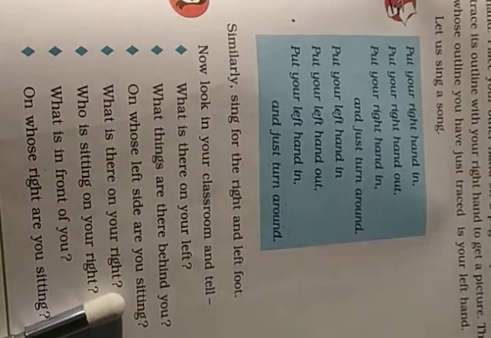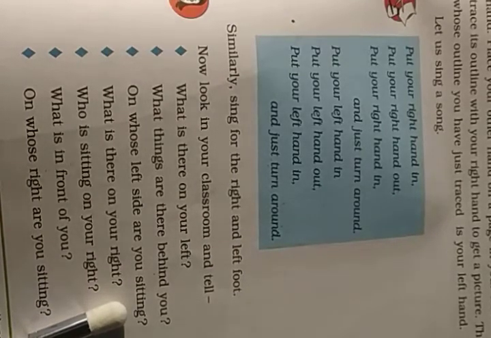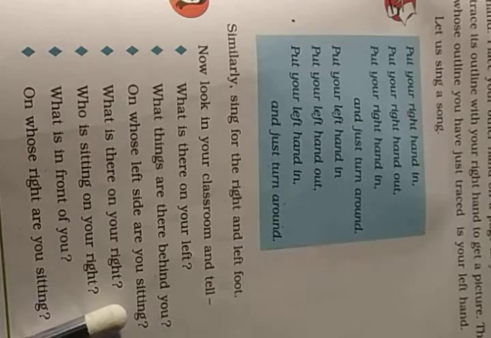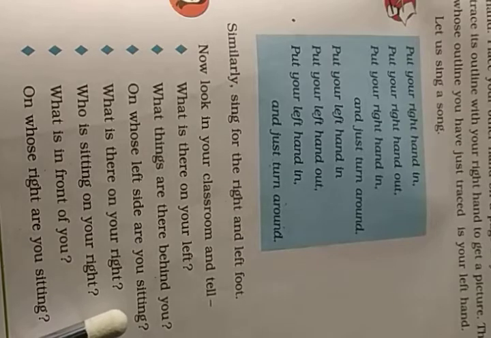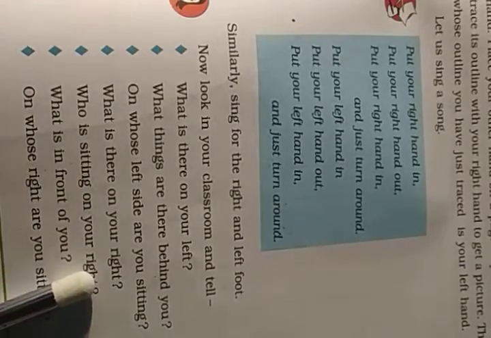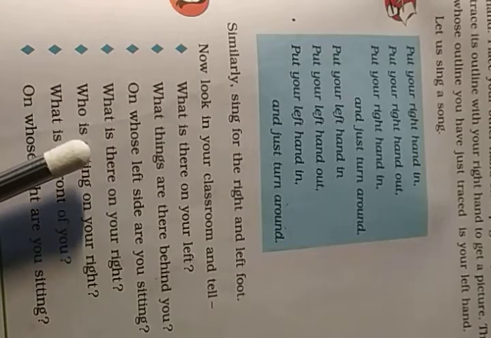On whose left side are you sitting? Well, children, we have to leave this because these questions are for the classroom where you would be sitting next to someone. I'm sitting all alone, so I'm not sitting on anybody's left side. What is there on your right? On my right, there is a bathroom door.